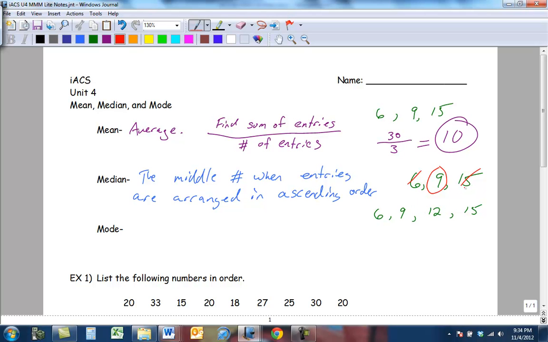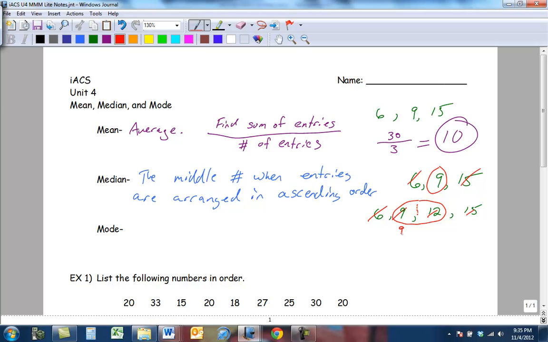Now, when there's an odd number of terms, it's easy. You take the numbers from the left and right, and they cancel out, and the middle number is your term. But here, we got 2 on the left, 2 on the right. There isn't a number that's right here in the middle. So what you have to do is take the 2 numbers that are in the middle and find the mean or the average.